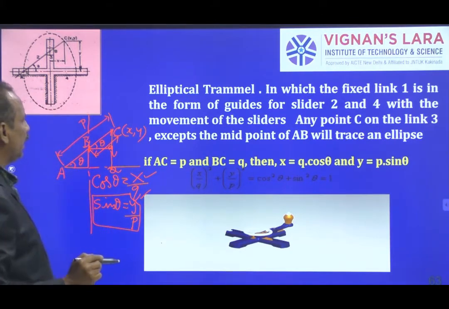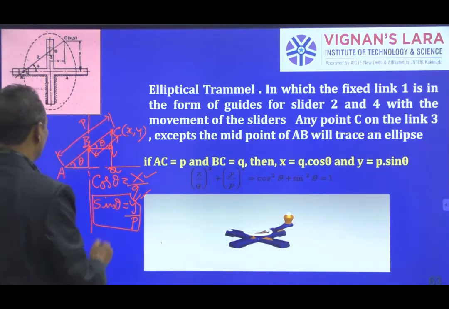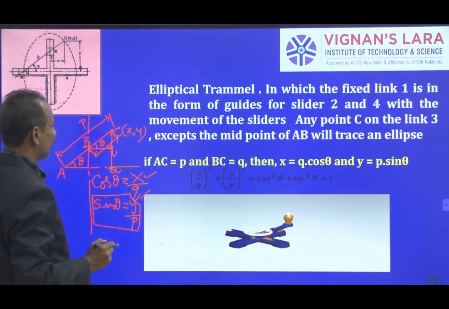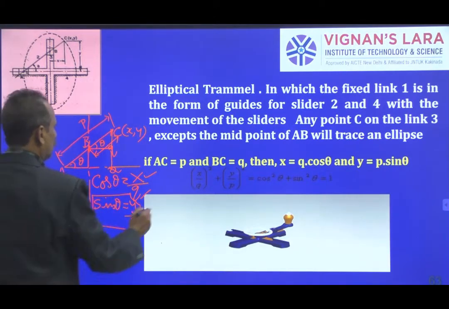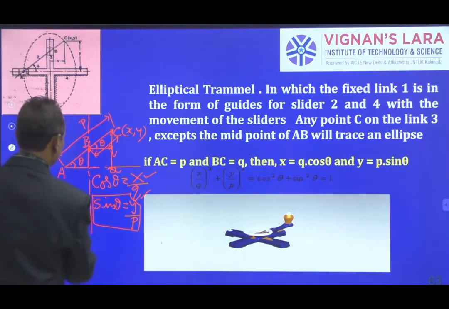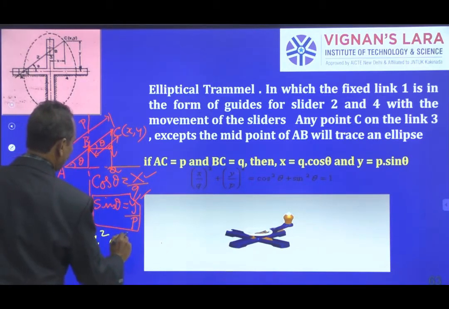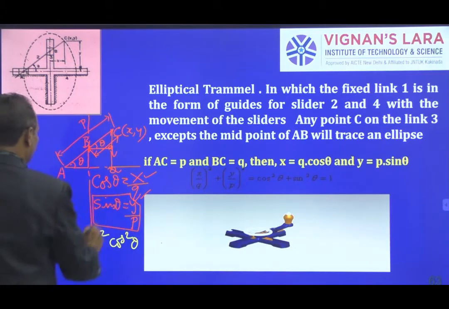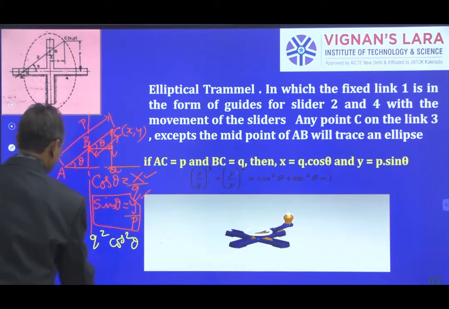Then I can rearrange it like this: x square is equal to q square cos square theta, and y square is p square sine square theta.